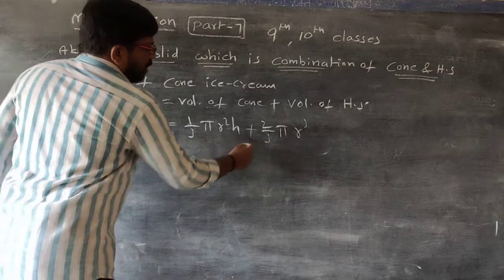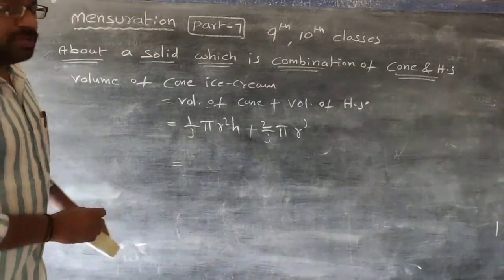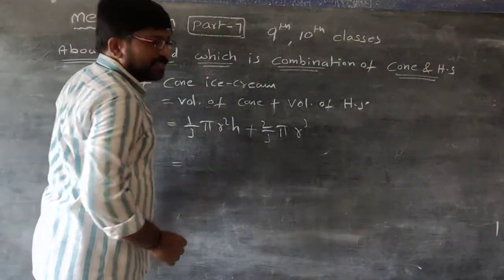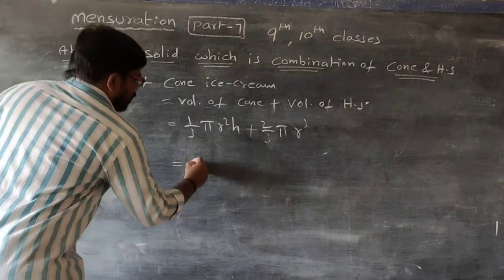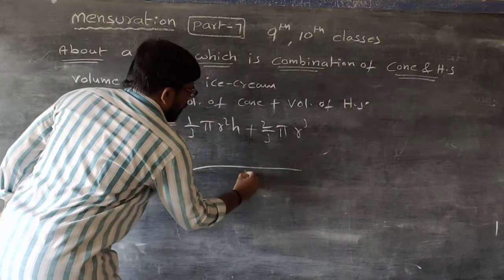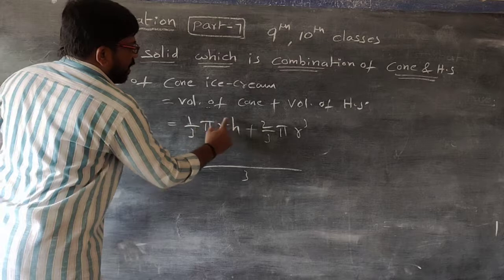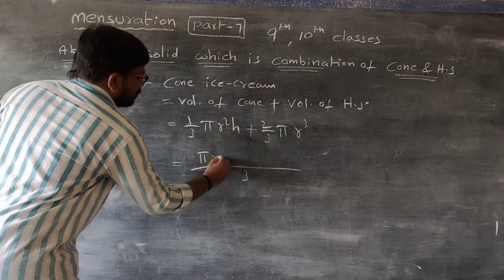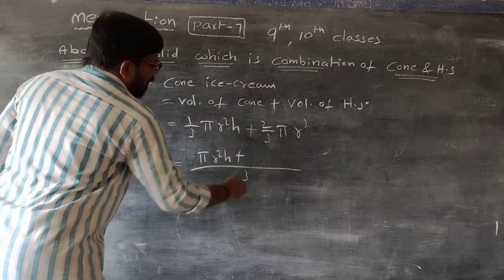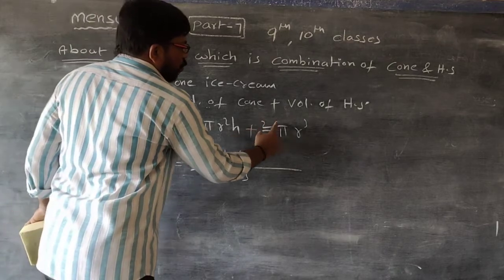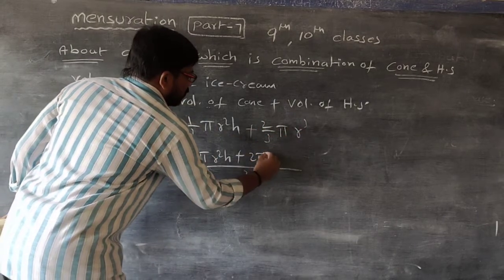These two are like fractions, 3 by 3. If the denominator is the same, we can simplify the numerators directly. So 1 into pi r square h plus 2 pi r cube.